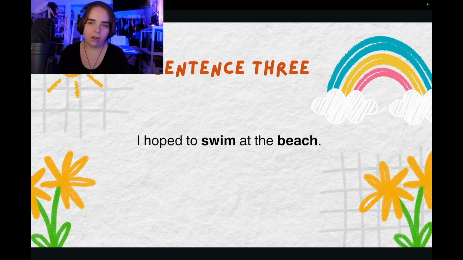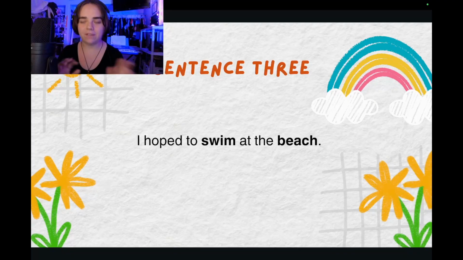You can do, I hoped to read at the library. I hoped to jump at the park. It just has to be something that makes sense. If you put like, I hoped to beach at the swim, that doesn't make sense. You want to put in those words that make sense in the sentence and fit the context clues that you already have around there.